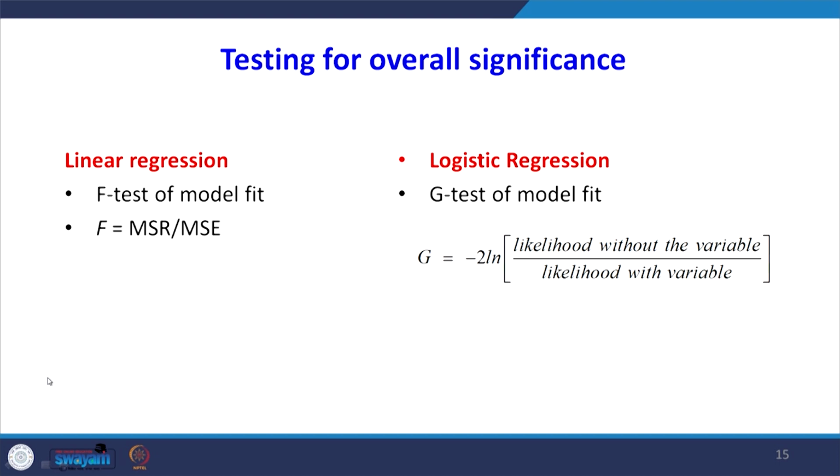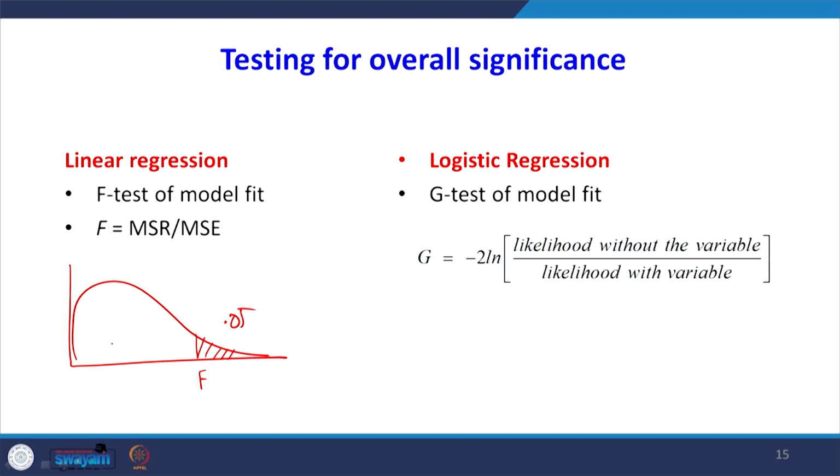Then we follow the F distribution. Suppose this is 0.05, we will get the corresponding F value. This is our calculated F value. If the calculated F value is lying on that side, we will reject the null hypothesis. If it is lying on the acceptance side, we will accept it.